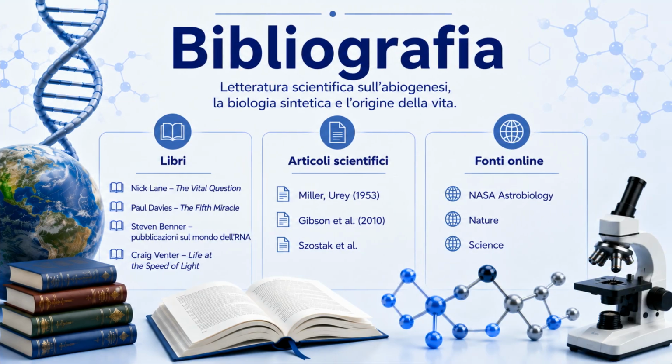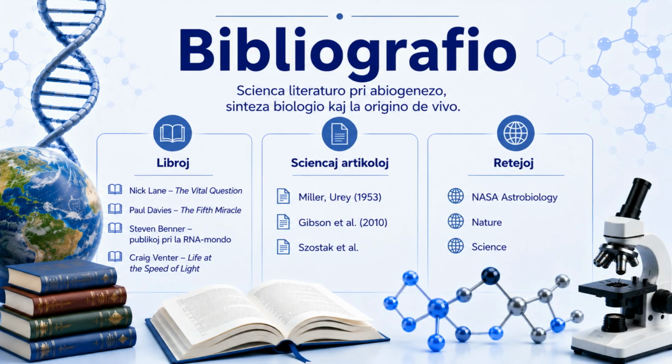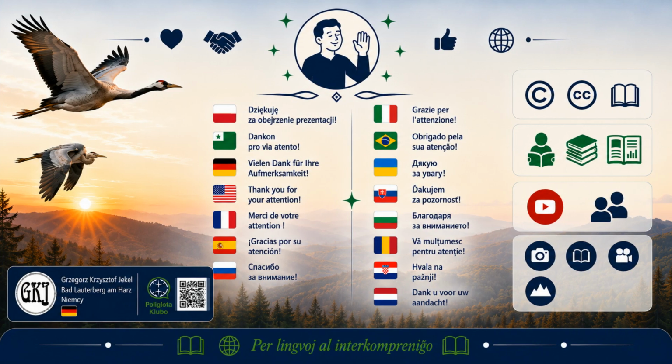Scientific articles such as the seminal Miller-Urey study from 1953 and more recent research by teams like Gibson et al. form the foundation of our exploration. We also draw from authoritative online sources, including NASA Astrobiology and journals like Nature and Science, to ensure the information presented is accurate and up-to-date. We hope this resource list encourages further personal research into the fascinating and rapidly evolving world of synthetic biology.